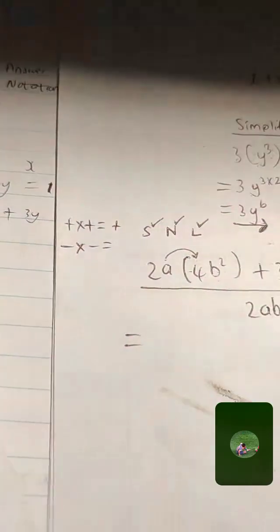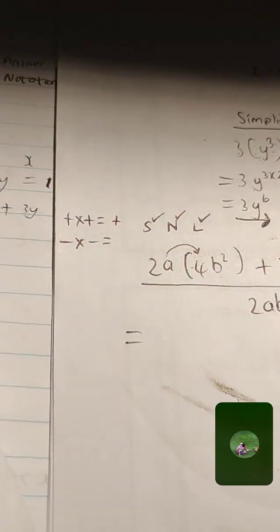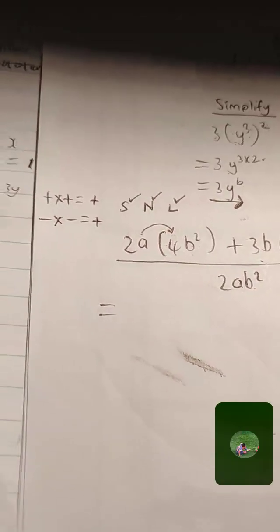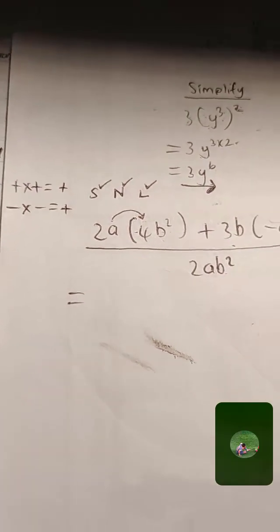A negative times a negative gives us a positive sign. Exactly. That's why we say same two signs multiplied give us a positive. And then, what is a positive times a negative, Tapelo?